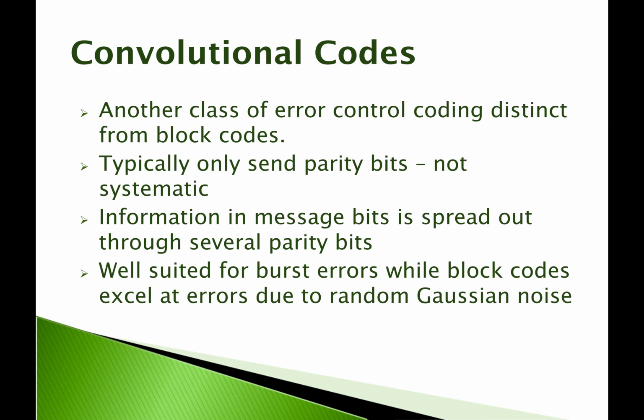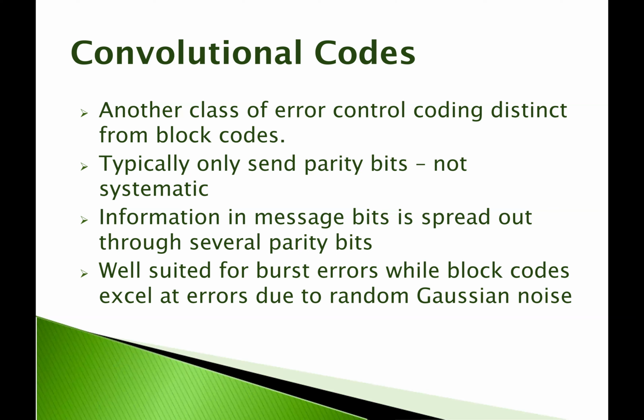Now, one of the things that's different about convolutional codes is that we typically only send the parity bits. It's not fundamental to the idea of convolutional codes, but typically we're not actually sending the true message bits. If you remember, we used the term systematic codes.